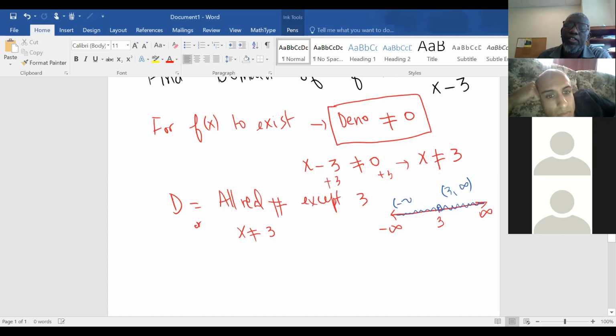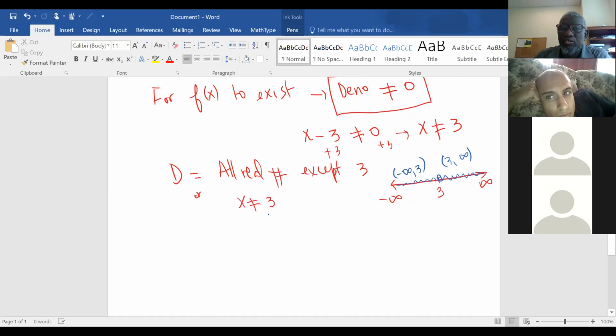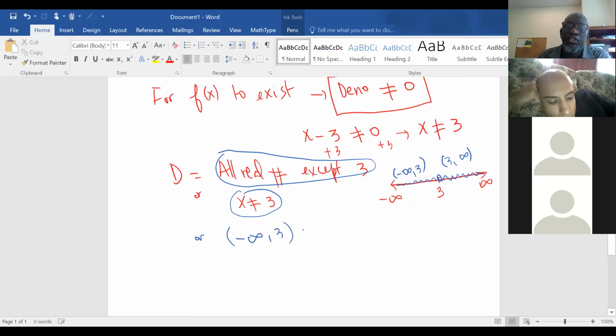So we have 3 ways to write the domain. You can write it as a sentence, or you can write the interval notation, negative infinity, 3, union 3, infinity, which means x cannot be 3, right?